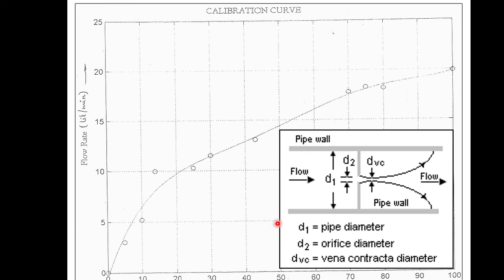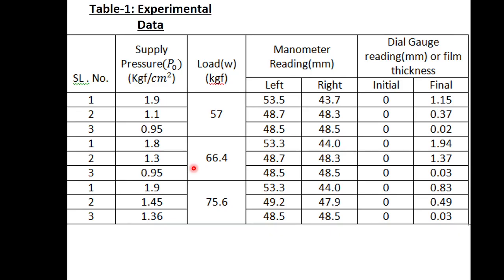This is the reading as per the calibration curve. If the limb difference reduces, we are getting a smaller value of flow. Then 0.95 supply pressure, and what is the dial gauge reading?